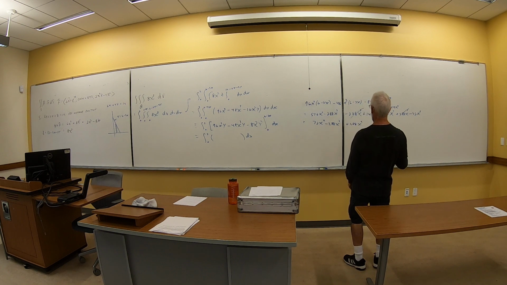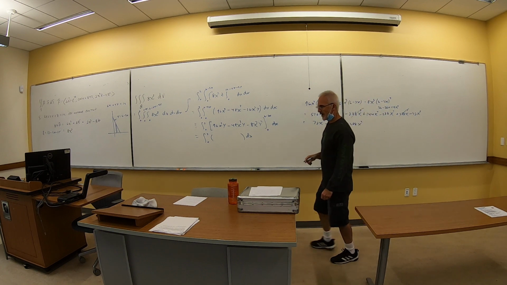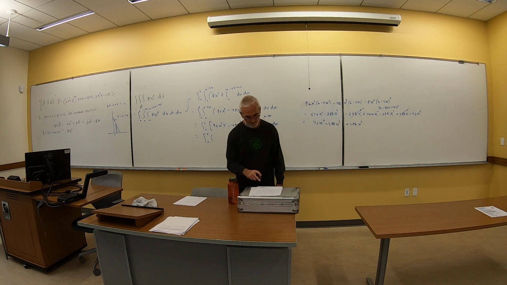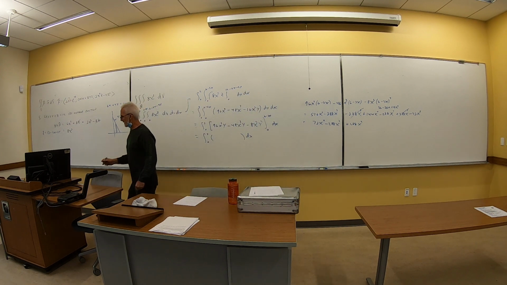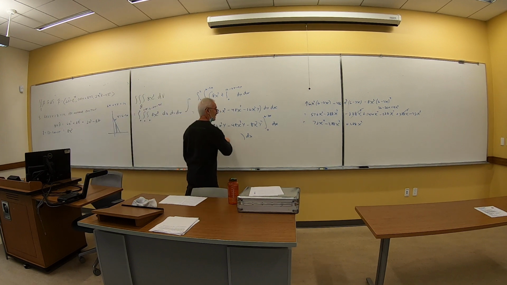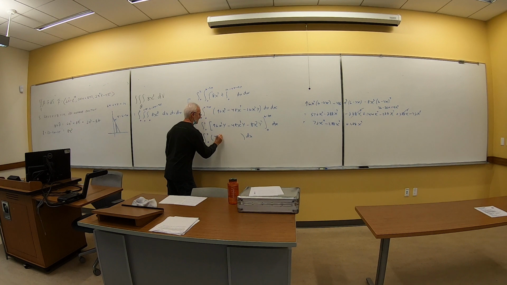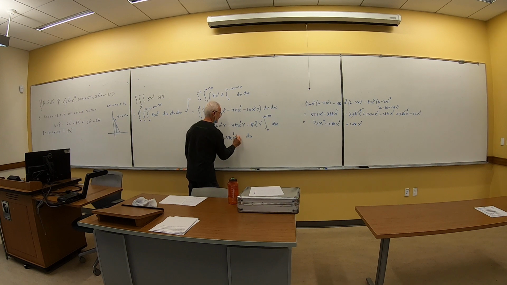Do I have any other terms, or is that all? I think that's all. Let me see, did that work out okay? Yeah, it's written down somewhere. I believe that's correct. So here I have the integral of 72x to the fourth minus 288x cubed plus 288x squared dx.